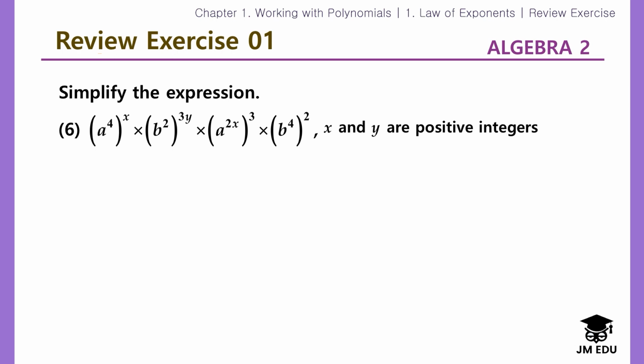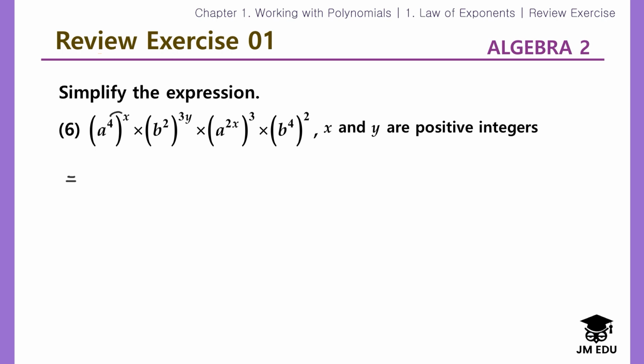Number 6, we have this expression and it says x and y are positive integers. Okay, let's simplify this. We have a to the 4 to the power of x, so multiply these two.